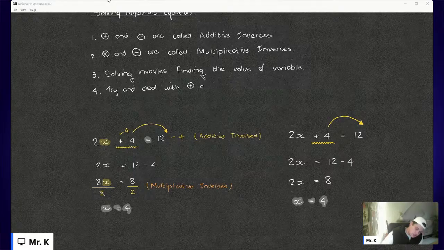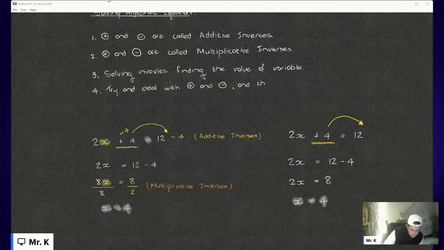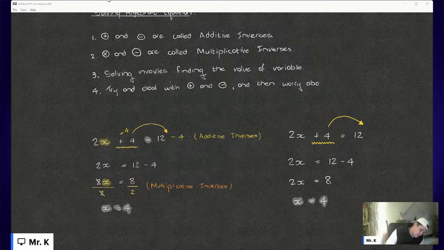Right, we want to collect all of our like and unlike terms as we move things around the equation, and then worry about multiplication and division. Okay, so keep that in mind.